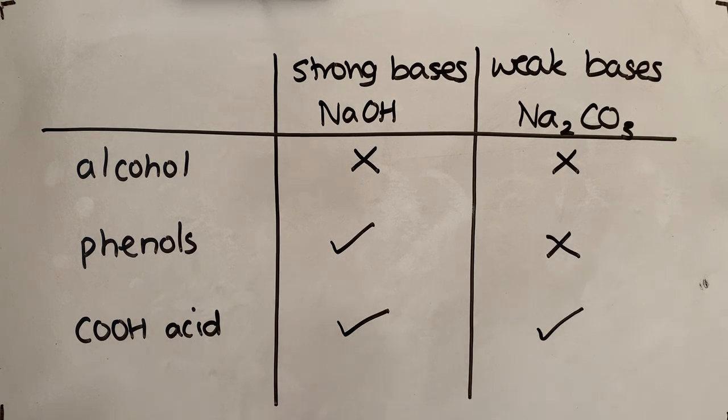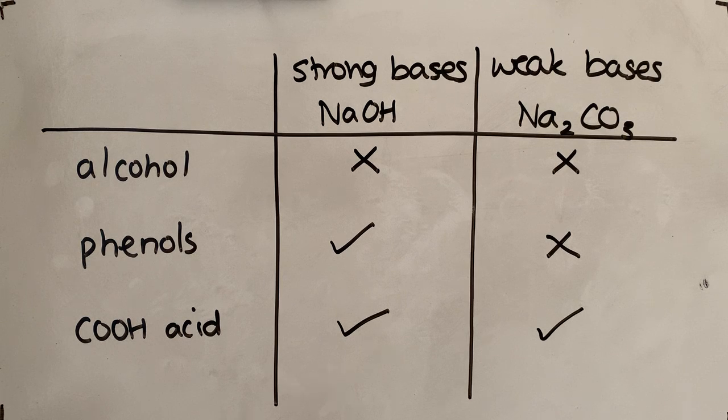So in terms of reactivity, you need to be aware of which out of alcohols, phenols, and carboxylic acids react with which of the bases, the strong bases or the weak bases. So that's what you need to cover.